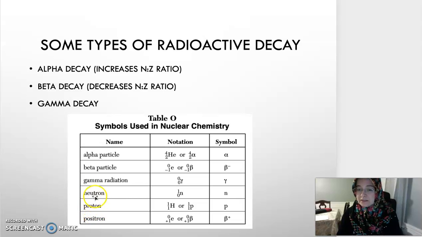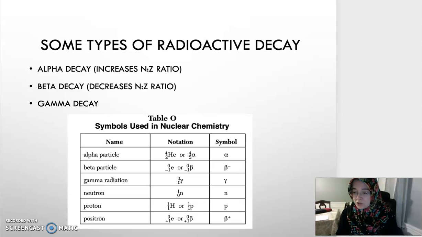These are not decays, but they are types of particles that may be added to or removed from the transmutation reaction. We still need to use these symbols and notations. So all types of decays and particle notations and symbols are summarized in Table O when you need to use them.